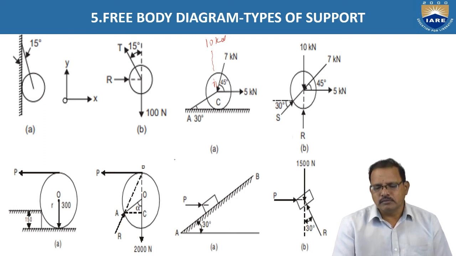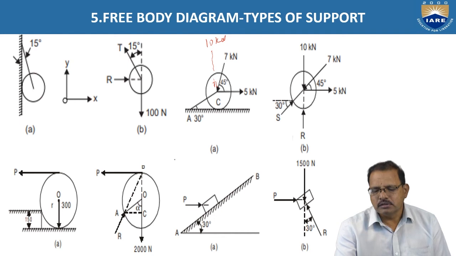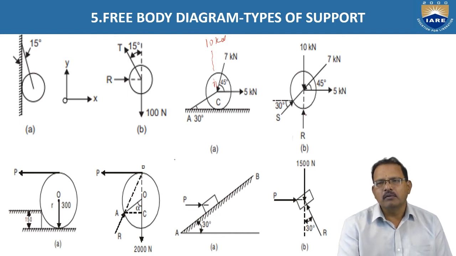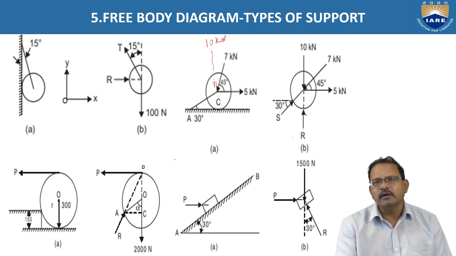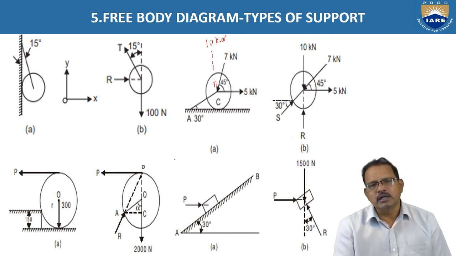The free body diagram for this object is, draw the circle, the body, whatever shape it is having, and represent the external forces which are acting on it, such as 5 kilonewtons, 7 kilonewtons, and 10 kilonewtons vertically downward.